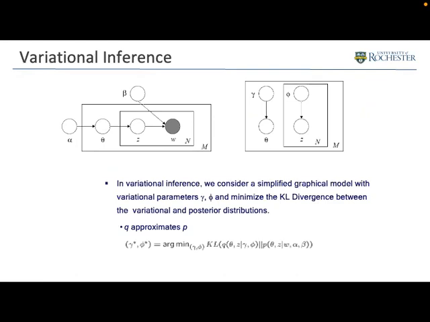In variational inference, we simplify the graphical model with the variational parameters gamma and psi, and minimize the KL divergence between the variational and the posterior distributions.